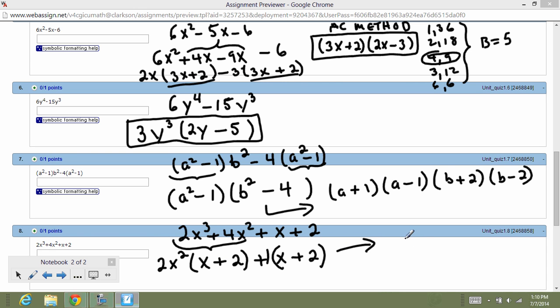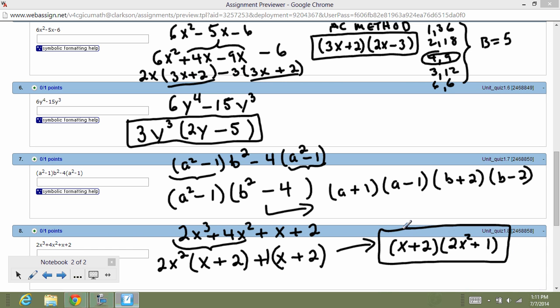So what we do is we split out the x plus 2 from each term, and dividing that x plus 2 out from each term, this first term becomes just a 2x squared. And this second term, you can't have nothing there, is the point. So you're going to have a plus 1. And then those are algebraically prime. There's no more factoring you can do. And so that would have been your answer for number 8.